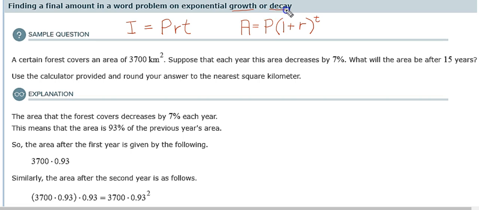Or decay, where you're going to lose a certain amount, so this rate could have been negative in a sense, but we're going to look for its positive value as we take it away from 100. So this is in a sense 1, the whole, this is our rate. So let's look at this in some detail.